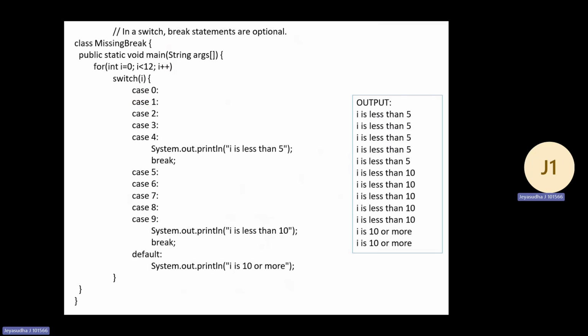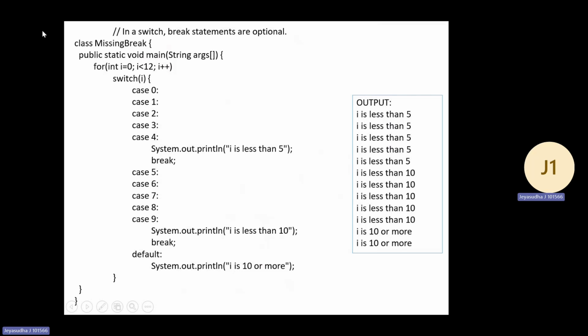If my value is going to be 5, then obviously it will go directly to 5. Then it will print 6, 7, 8, 9. Then this one, and then it will print.